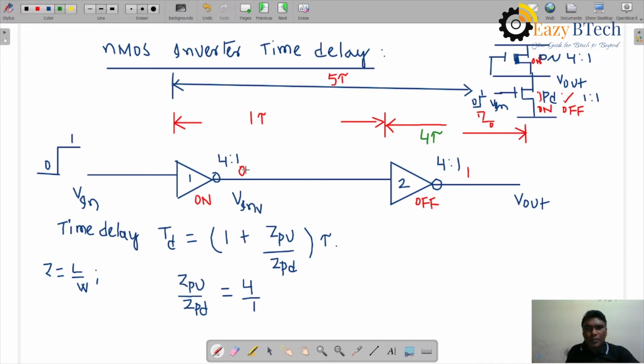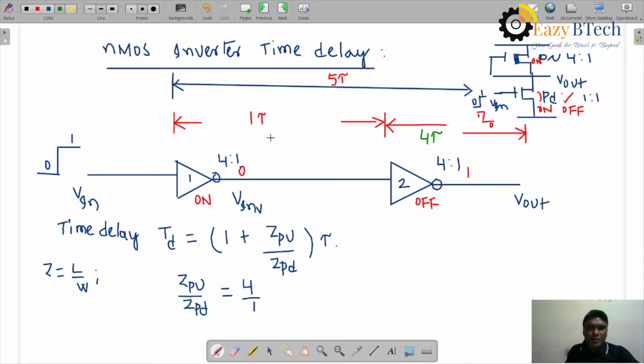Off time is 4 tau, because we have the 4 by 1 ratio. So 1 is the on time, 4 is the off time. So when the inverters are in cascading connection, the total time delay from input to output is 5 tau, 5 nanoseconds.